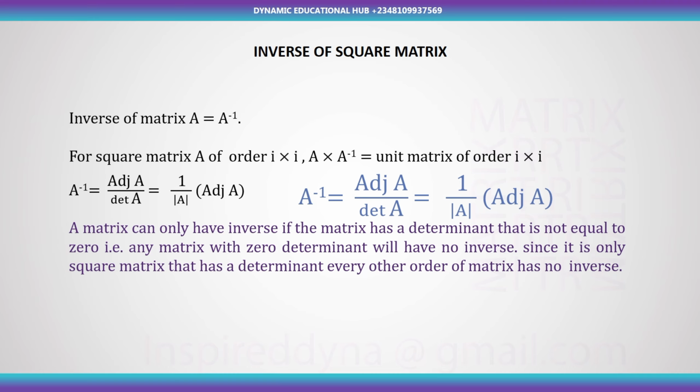Any matrix that is not a square matrix is not going to have an inverse. So the first condition for a matrix to have an inverse is that the determinant must not be equal to 0. As such, the matrix must be a square matrix.